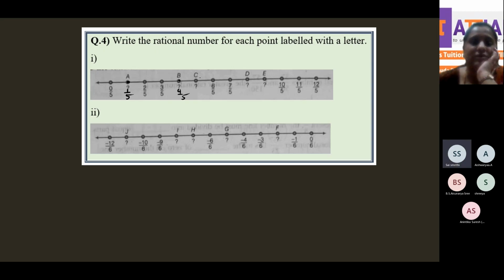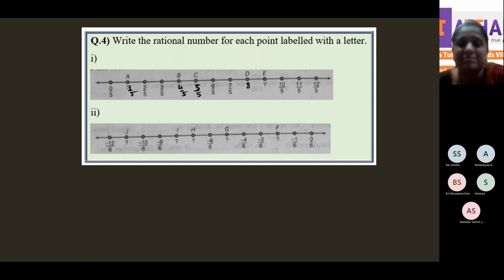This one? 5 by 5, which is 1. These are question marks, children. Just in case it's not clear, they are question marks. So this is 1 by 5, 4 by 5, 5 by 5, which is equal to 1.